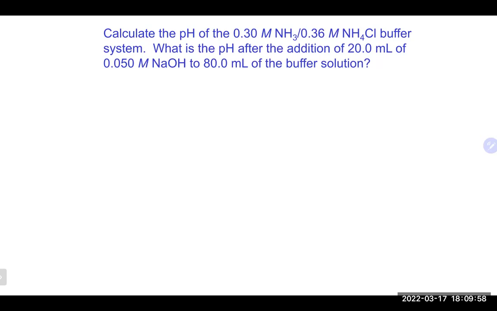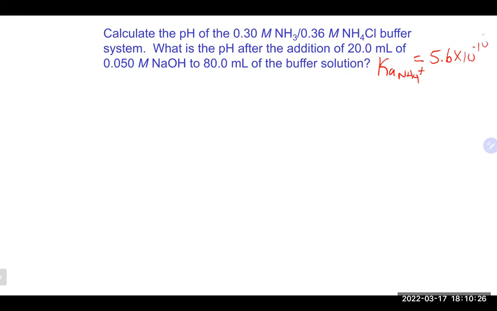Let me also give you a Ka value. Let's go with a Ka value for NH4+ of 5.6 times 10 to the minus 10. All right, take a few minutes.